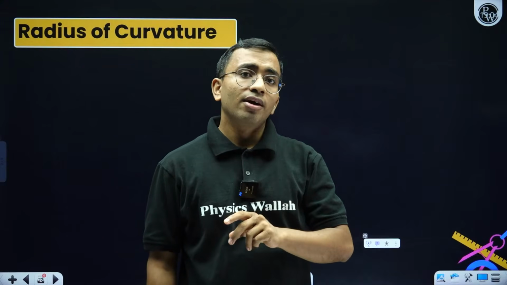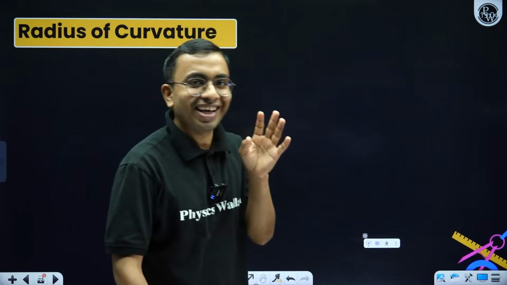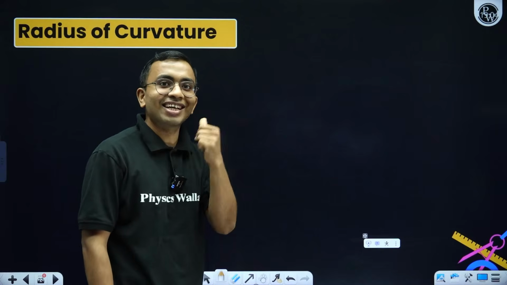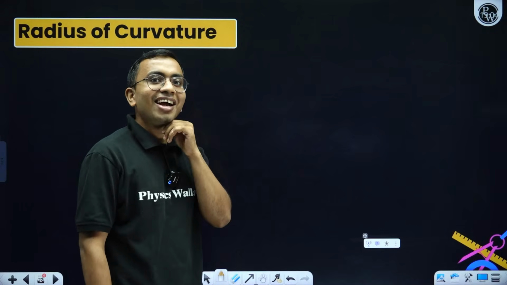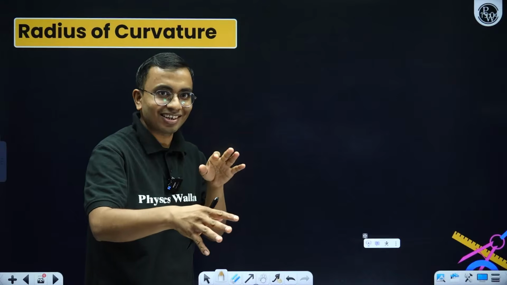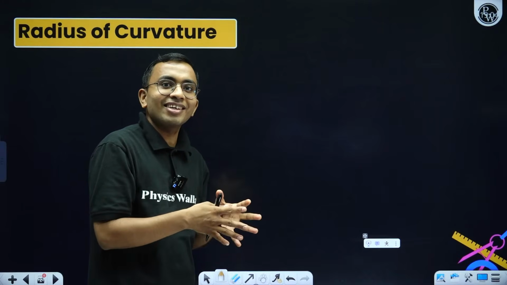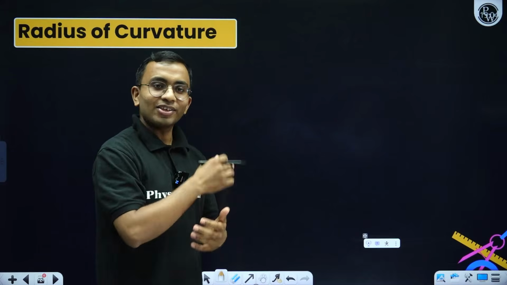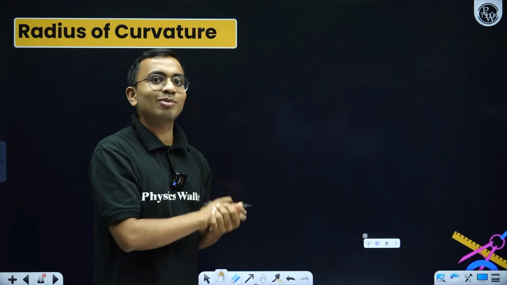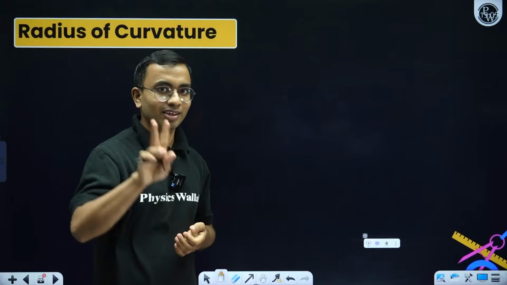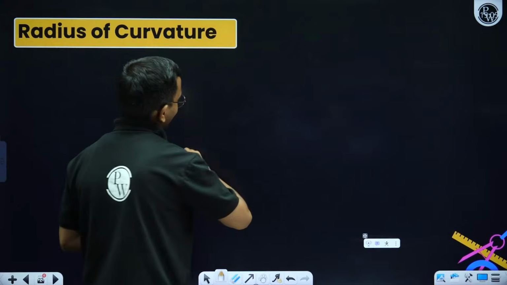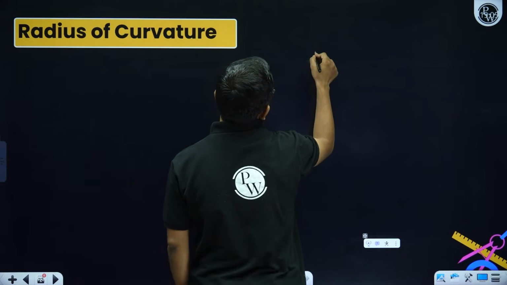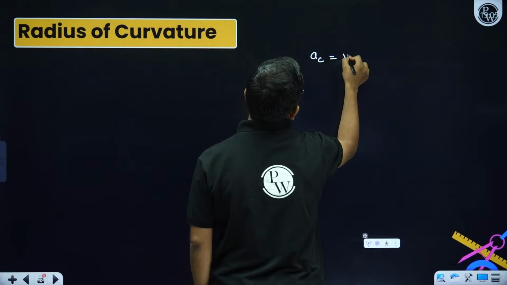One is the acceleration towards the center, that is centripetal acceleration. Another is the tangential acceleration. Your centripetal acceleration is responsible for changing the direction. Your tangential acceleration is responsible for changing the magnitude of the velocity. These two accelerations are there. So my centripetal acceleration is v square by r.